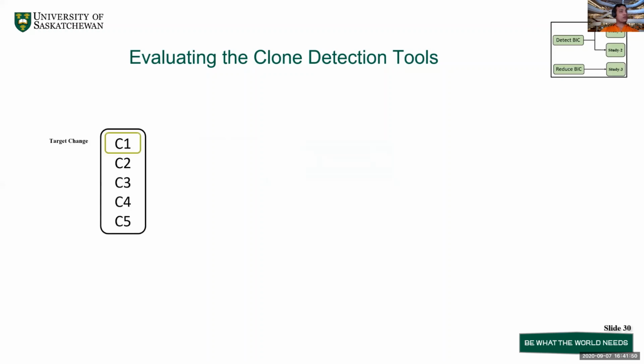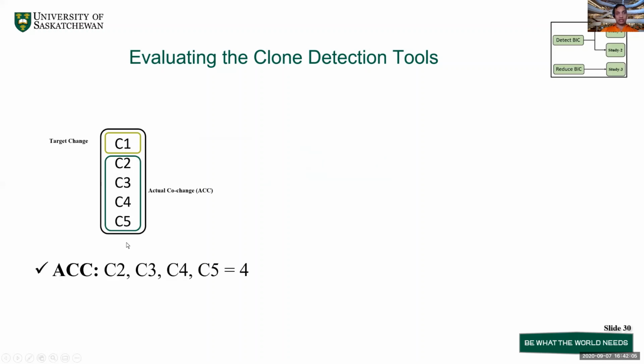To do so, we need to evaluate the clone detection tools, and here is how I evaluated them. Let's again consider there are 5 changes, C1 to C5, and C1 is the target change, so the other changes are the co-changes, and there are 4 clone fragments detected by a clone detection tool in a clone class.